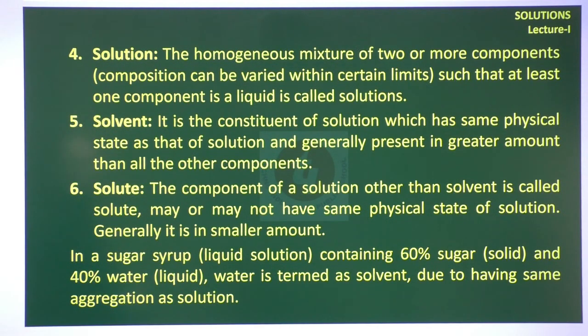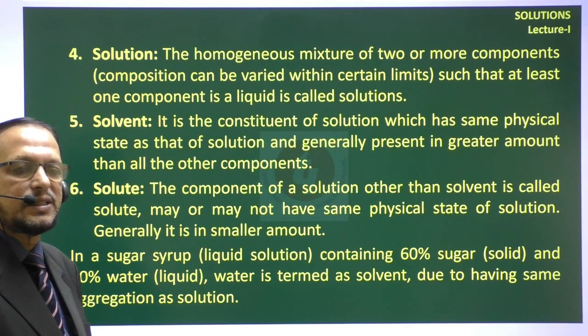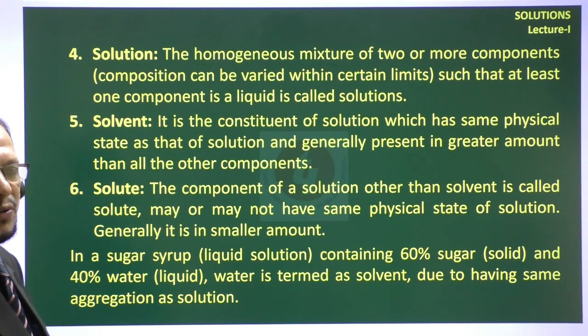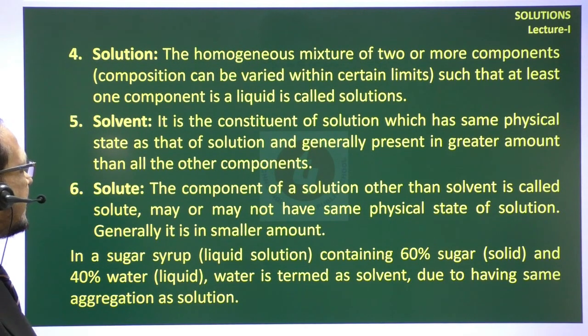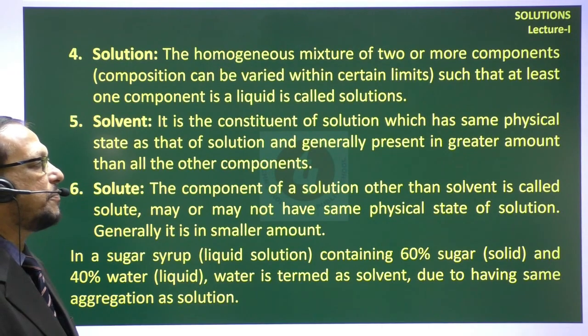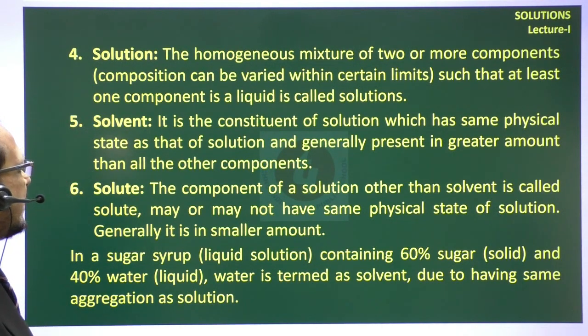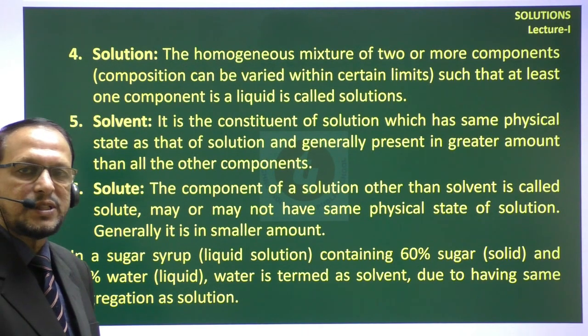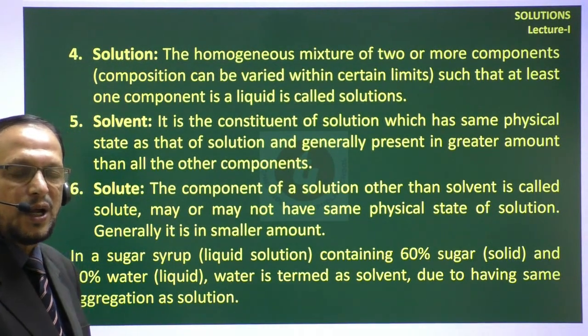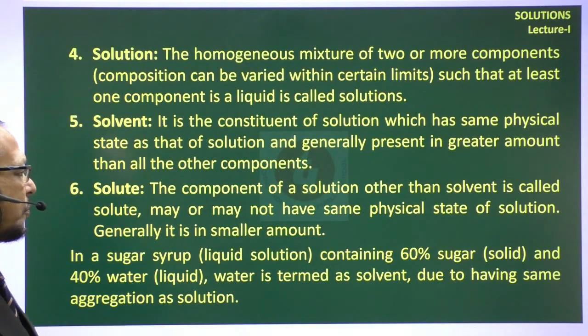Now, what is the solvent? In a solution, the substance present in the larger amount, which does the dissolving, is the solvent. It is the constituent of the solution which has the same physical state as the solution and is generally present in greater amount than all the other components. The solute is the substance which gets dissolved, and it is in the smaller quantity.